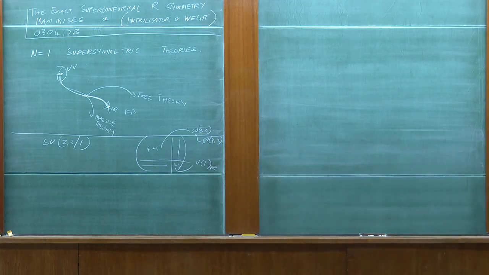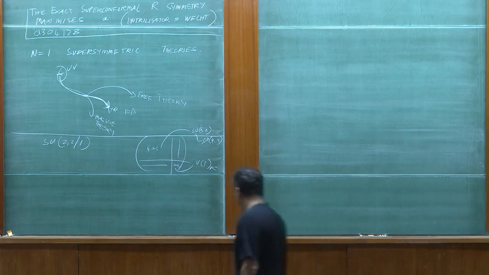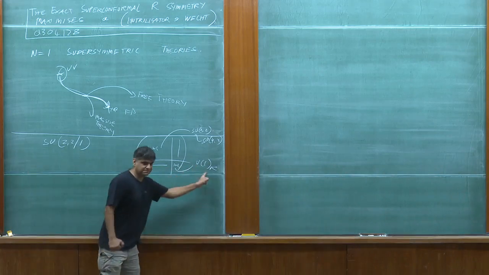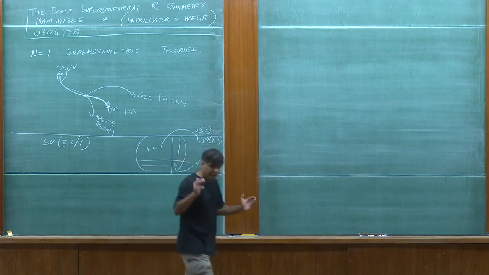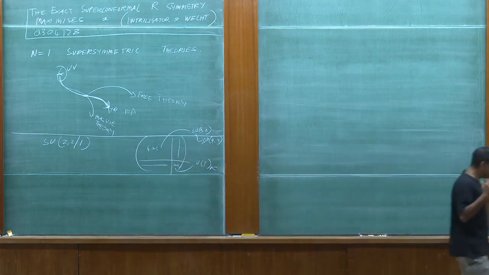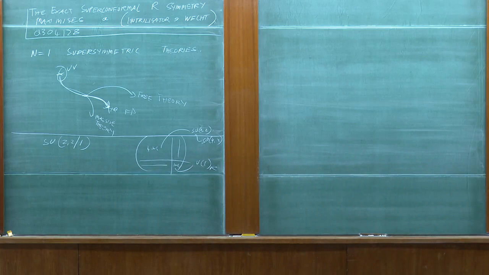Okay, so you remember that the superconformal algebra for N=1 theories took the structure, and in particular, you remember that it always had this U(1) R symmetry. Remember that for superconformal field theories, unlike for supersymmetric field theories, R symmetry is not optional. It's part of the symmetry algebra. It appears on the right-hand side of the commutator of 2 Qs.